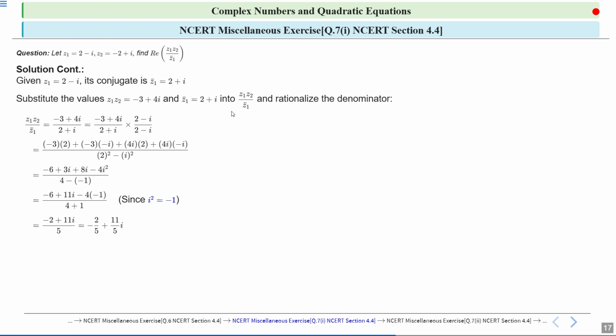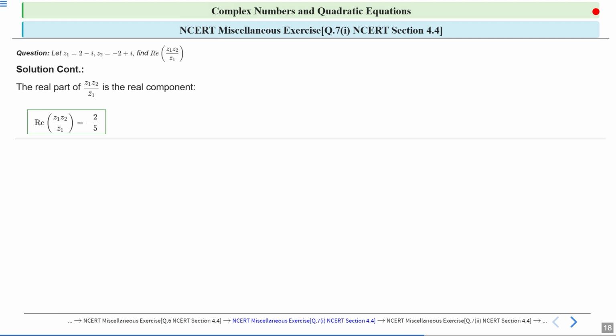After simplifying, we get minus 2 plus 11 times iota divided by 5, which is equal to minus 2 over 5 plus 11 by 5 times iota. And this is the standard form a plus b times iota, where a is the real part and b is the imaginary part.